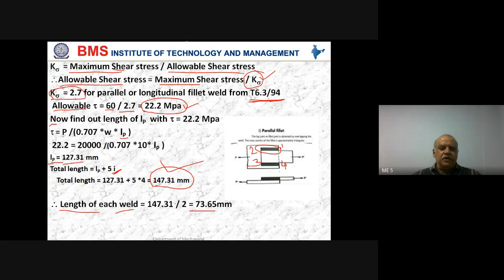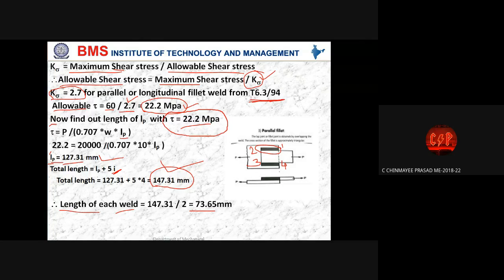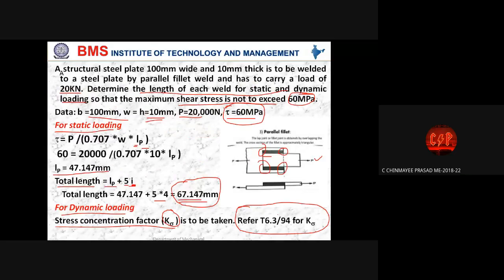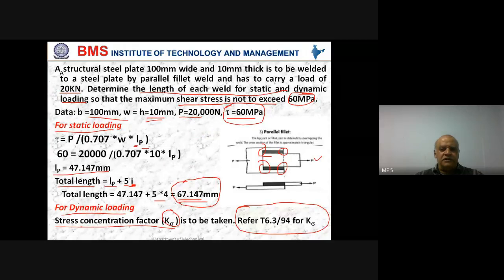Simple, the given shear stress will be reduced because of presence of K sigma, that's all. So we need to repeat the same procedure, that is to find length of parallel fillet weld with reduced shear stress. Sir, in the static loading, we were using maximum shear stress only. Yeah, maximum shear stress is 60 megapascal.